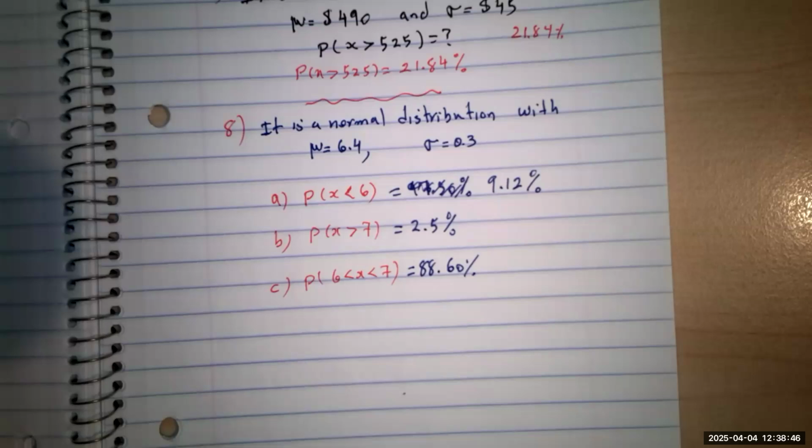I'll double check it again when I want to post it, but I think it's correct. I didn't check it before, but it should be all right. So this is going to be the normal distribution case. That's case one.